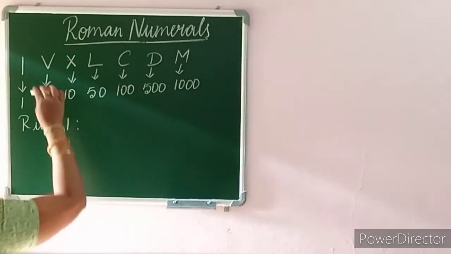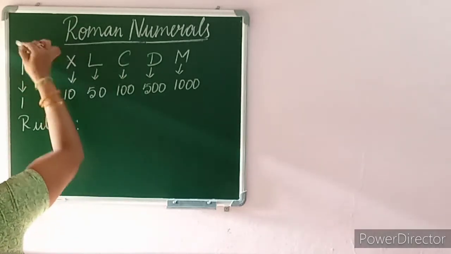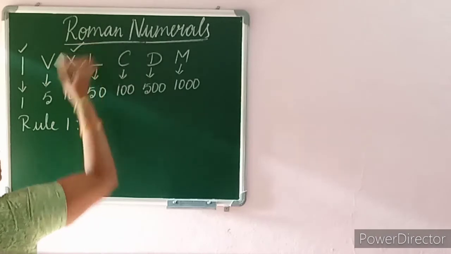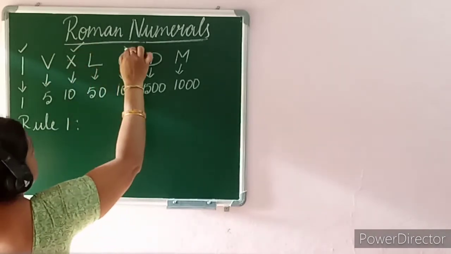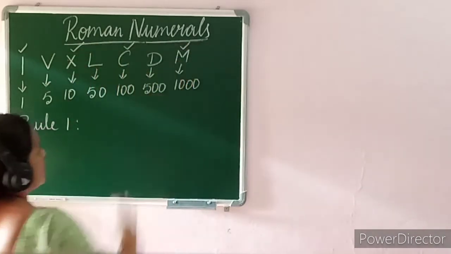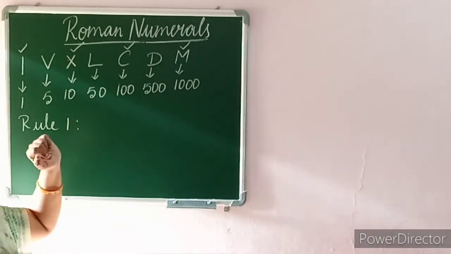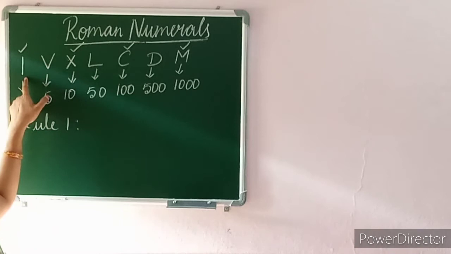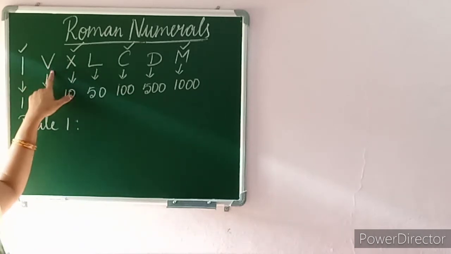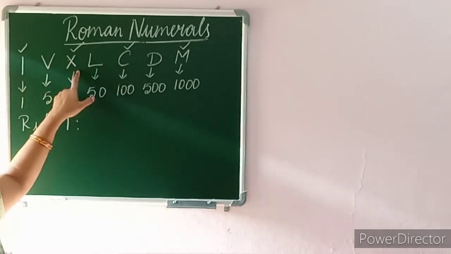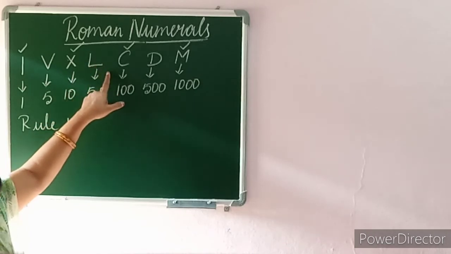What are those symbols which will be repeated? Let us find out. I can be repeated, X can be repeated, C can be repeated, M can be repeated. When you observe keenly, you can understand one thing. We are taking one symbol and skipping the other symbol. Again we are taking one more symbol, again we skip one symbol.